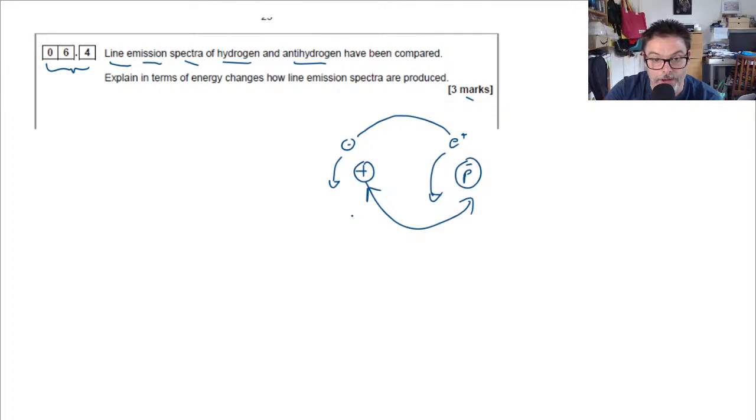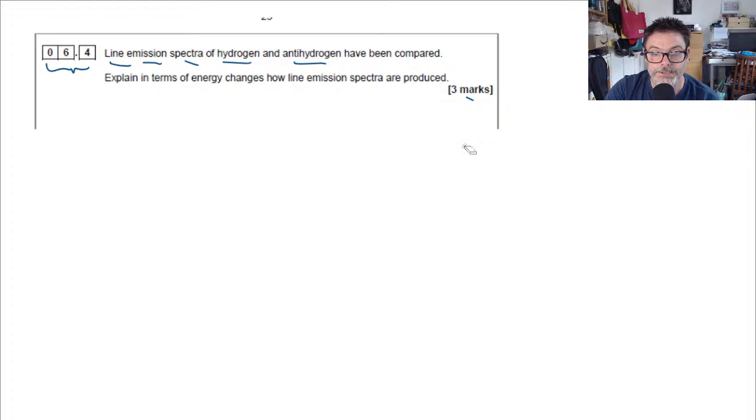So the question in my mind is, do these two have the same spectra? Interesting. Don't know the answer off the top of my head. Because of the similarities, I rather suspect they do. Thankfully, though, we're not asked about that. What we're asked about is, in terms of energy changes, how the line emission spectra are produced.